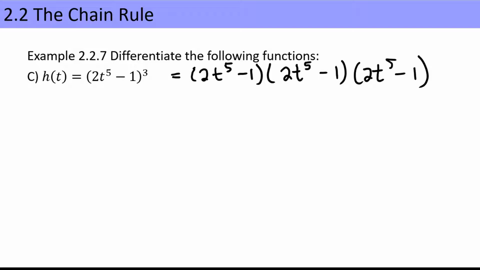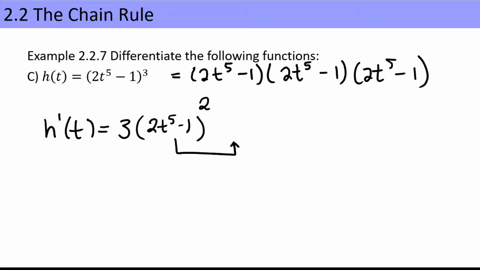But the chain rule makes finding the derivative of functions like this rather straightforward. That is, when we take the derivative h prime of t, we bring the power 3 down front. Let's write open parentheses. And as with the power rule, 3 minus 1 is 2. The inside function stays the same.